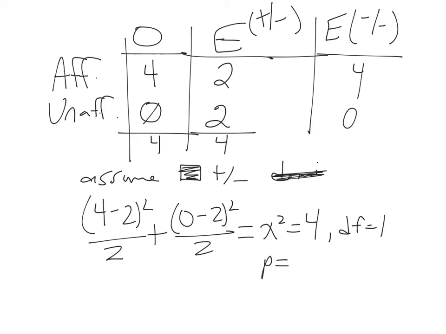It's like 0.09. No, yeah, 0.909. 0.9. There we go. So 4 kids, not enough information to distinguish whether or not dad's likely a heterozygote. So the null hypothesis is supported.